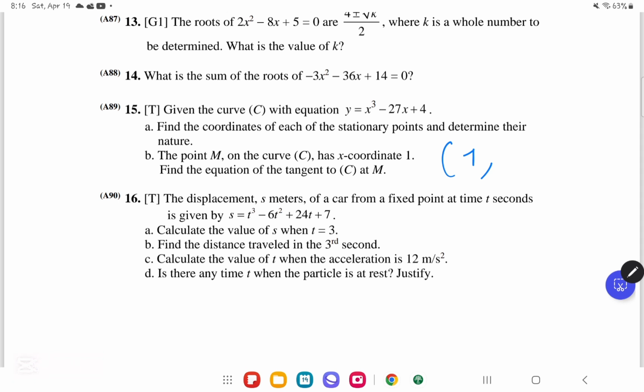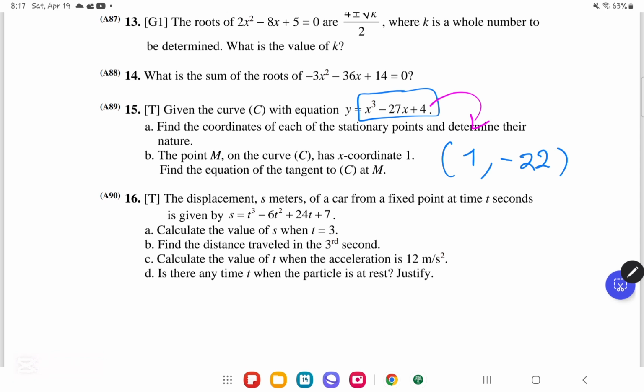Let us find the value of y. To find the value of y, you're going to replace it in the original equation. So it's going to be 1 to the power of 3 minus 27 times 1 plus 4. And you will get that your y is minus 22. So now you have the value of x and the value of y. Another very important thing we know is that the derivative of this equation is going to give us the slope.